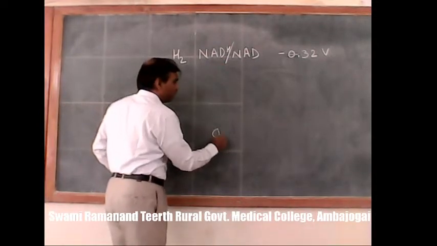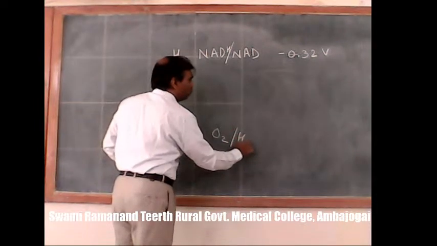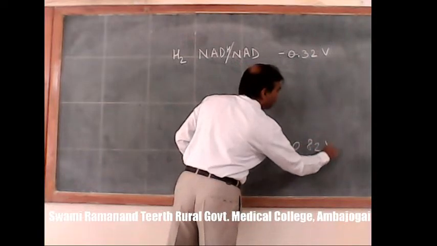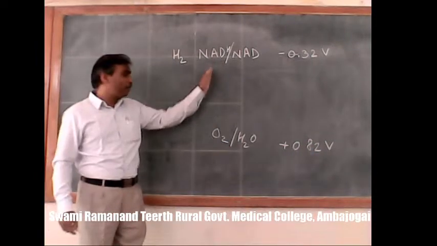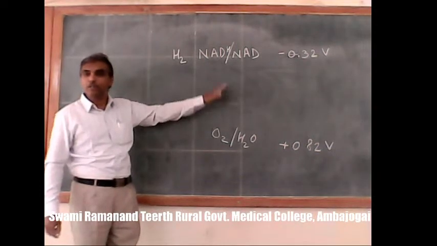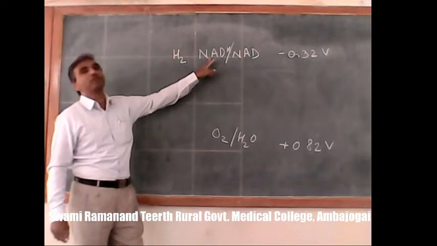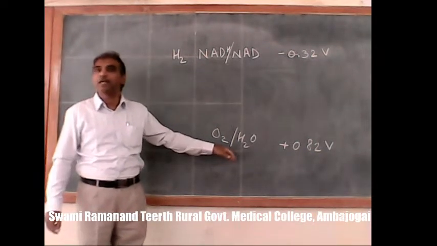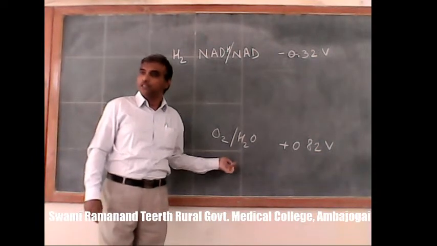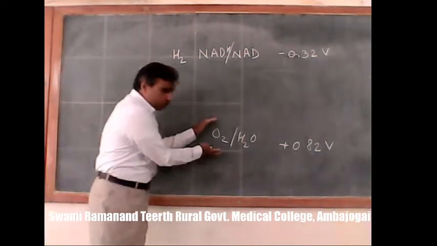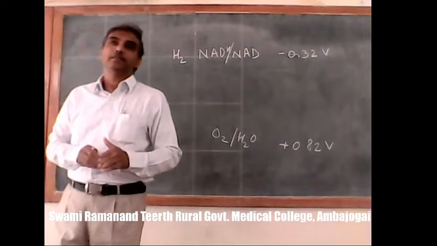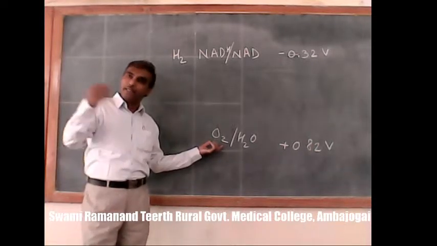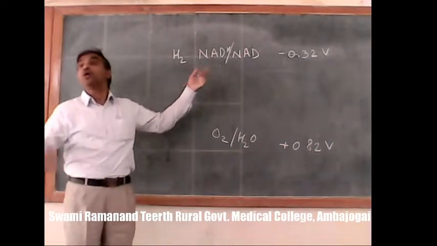And last is O2/H2O, which has plus 0.82 volts. I will give the names of the substances in between. First and foremost, NADH donates electrons. Oxygen accepts electrons and gets converted into water. Oxygen is reduced to water. So oxygen has the highest accepting capacity for electrons, while NADH is used to donate electrons.